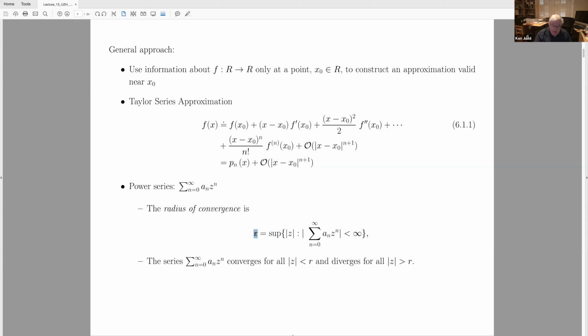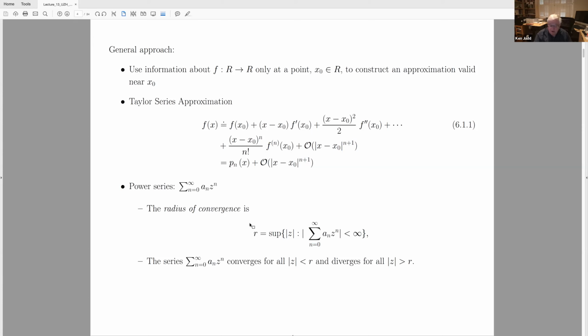So we define little r, the radius of convergence, to be the maximum magnitude of all the z's such that the magnitude of the infinite sum is finite. This is a definition.